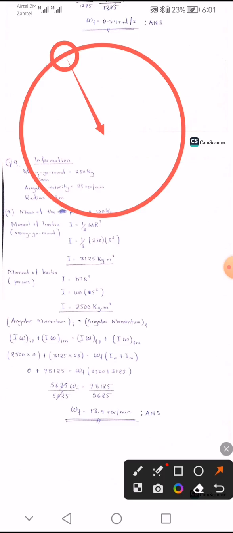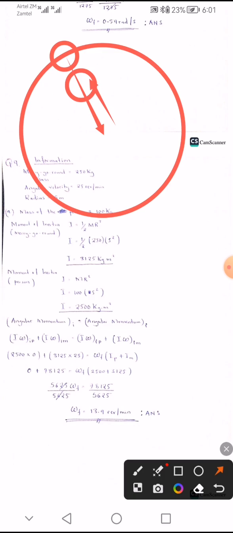Now in part B, they want you to find the same speed, but with the person seated 2 meters from the edge. So instead of the person being on the edge, now the person is here. Two meters from the edge means the distance to the center is going to be 5, which is the radius, minus 2. That's 3.